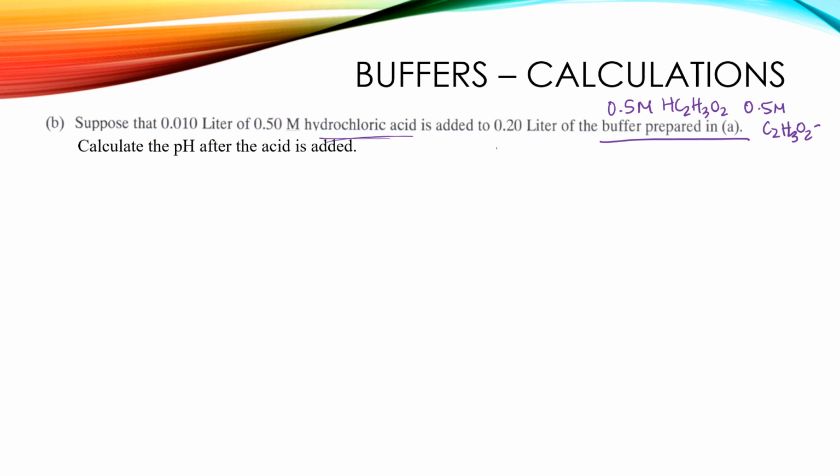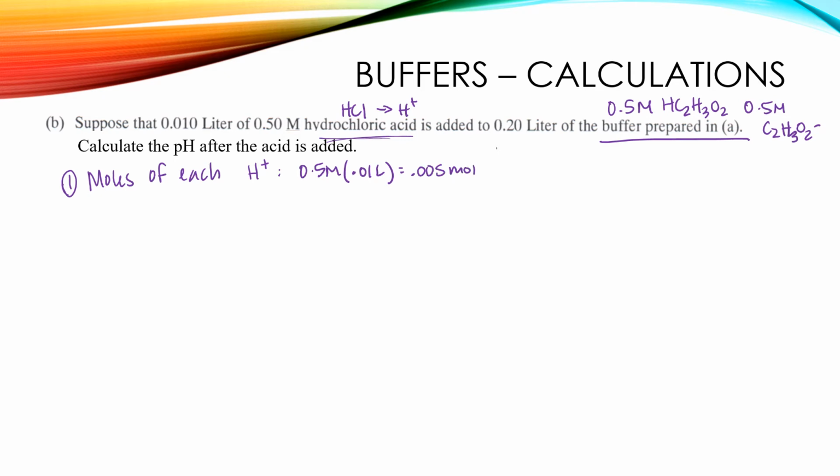So now I want to know what's the pH going to be after I add in this little bit of hydrochloric acid. So the first thing I got to do is find the moles of each. So I have for hydrochloric acid, which I can just call H plus because the Cl is not going to do anything, 0.5 molar times 0.01 liters, which gives me 0.005 moles.